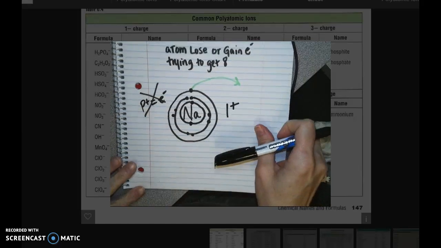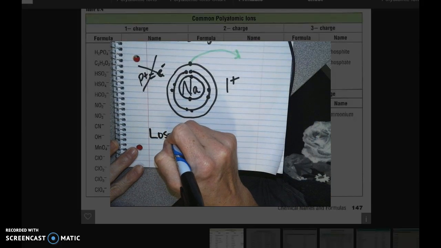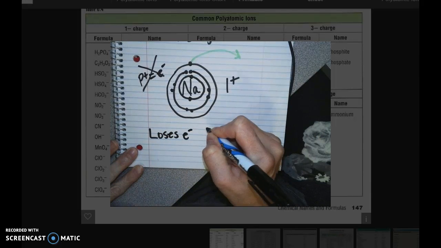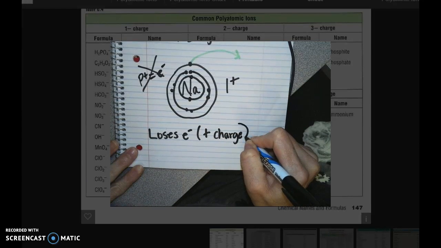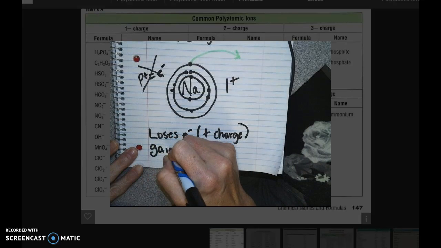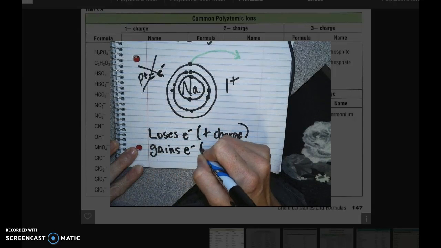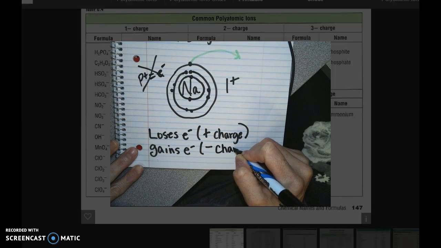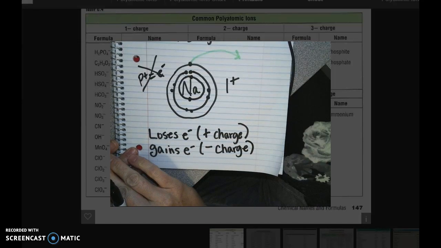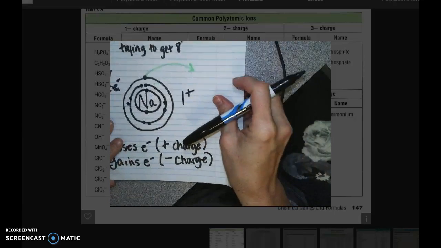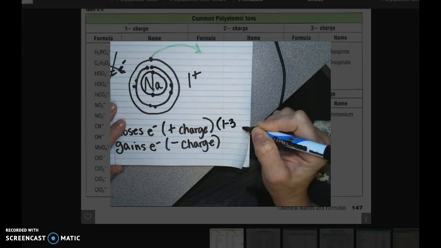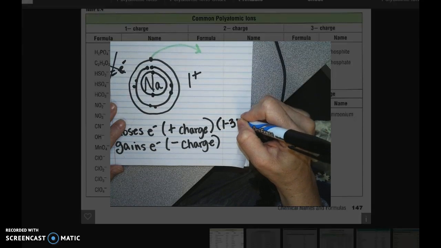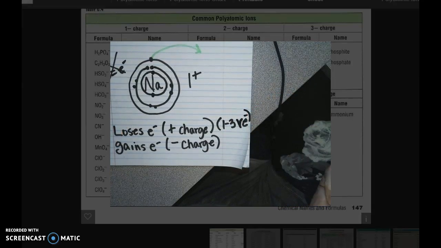If it loses electrons, it gets a positive charge. If it gains electrons, it has a negative charge. And whether it loses or gains electrons depends on how many valence electrons it has. If it has between 1 and 3 valence electrons, it's going to lose.